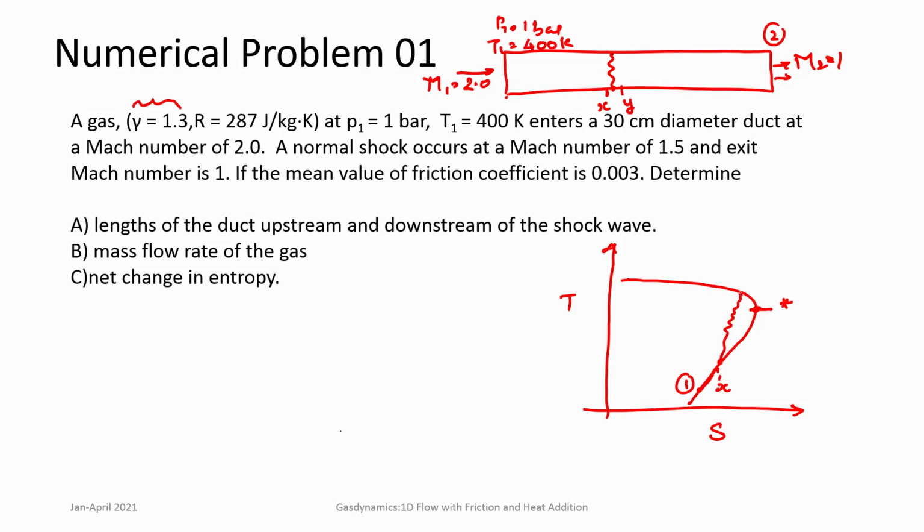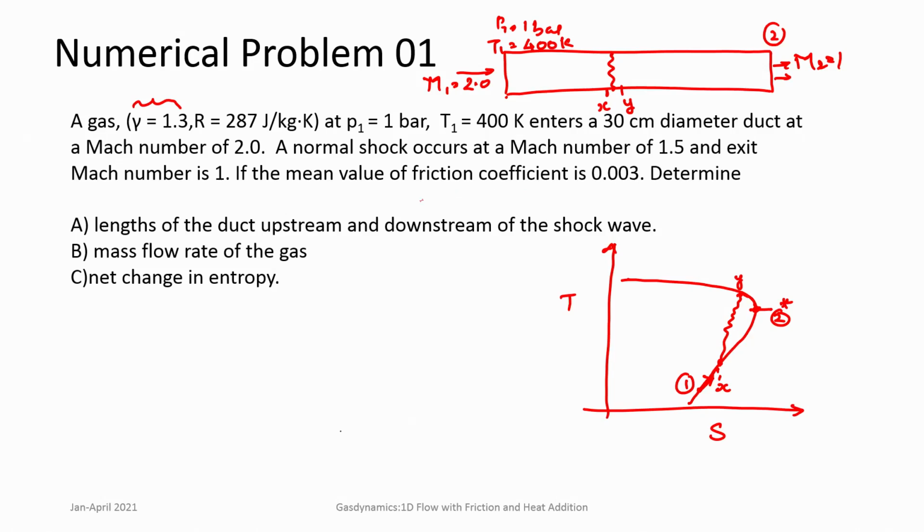The shock transfers the flow to the subsonic branch of the Fanno curve, to point y, and then it reaches point 2, which is exactly the star condition. Once this is understood, it is reasonably easy to calculate all the other things.